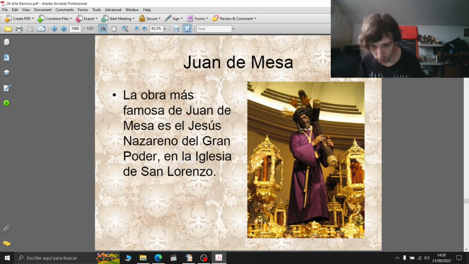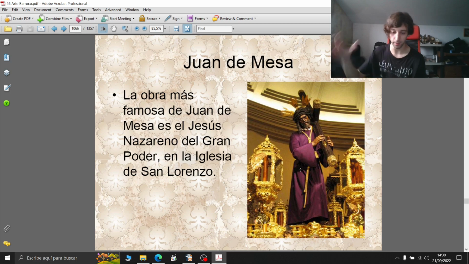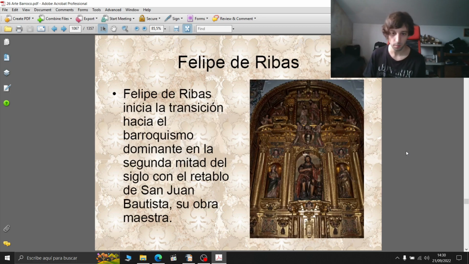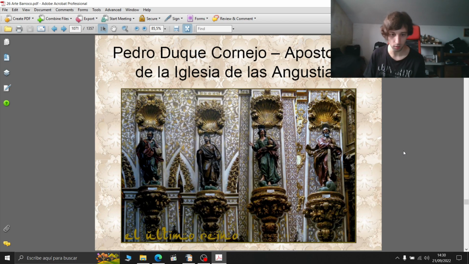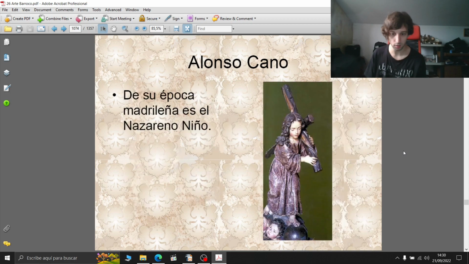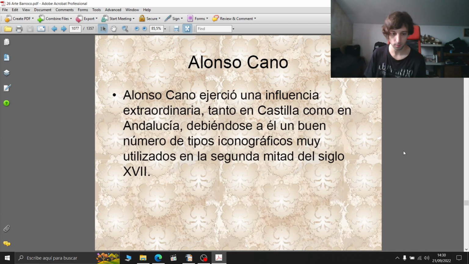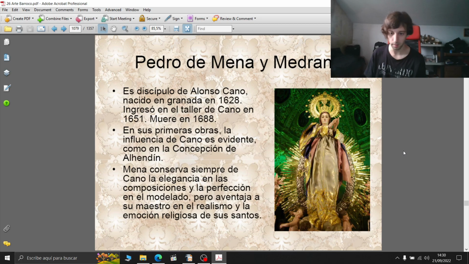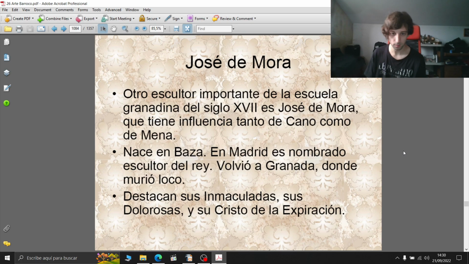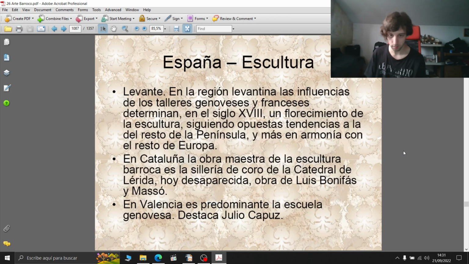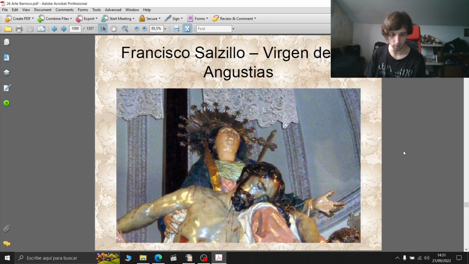If you notice, this sculpture has real clothes, the clothes are not sculpted. They create the sculpture and then they put clothes on the sculpture. Felipe de Rivas, Luisa Roldán, Pedro Duque Cornejo, Alonso Cano, Pedro de Mena y Medrano, José de Mora, Francisco Salcillo.